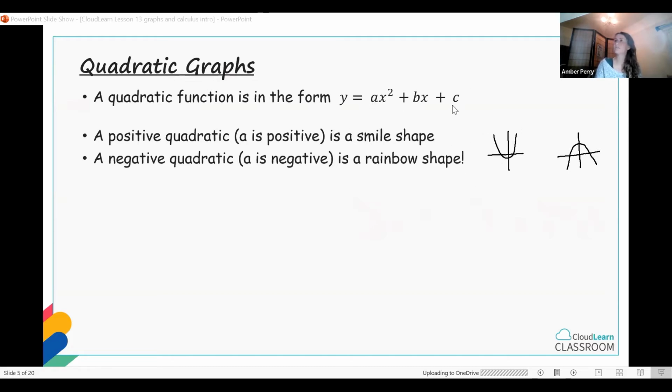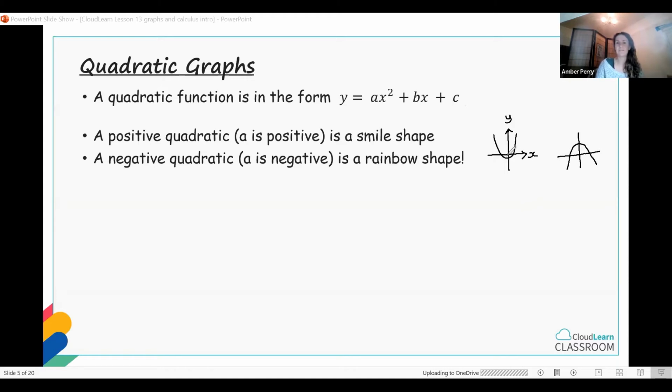You might have noticed when we were looking at Desmos that the C value tells us where it goes through the y-axis, the y-intercept, exactly the same as when we did our linear graphs last time. And of course, that's really easy to see because on the y-axis, the x value will be 0.